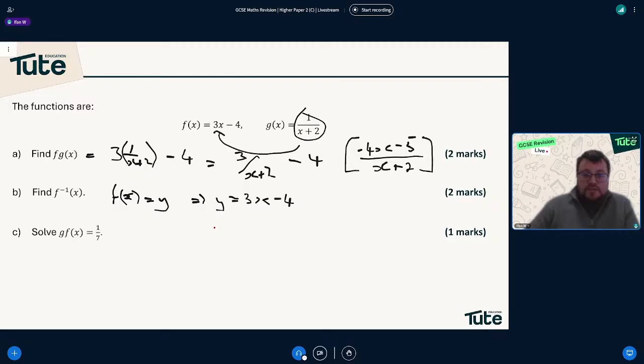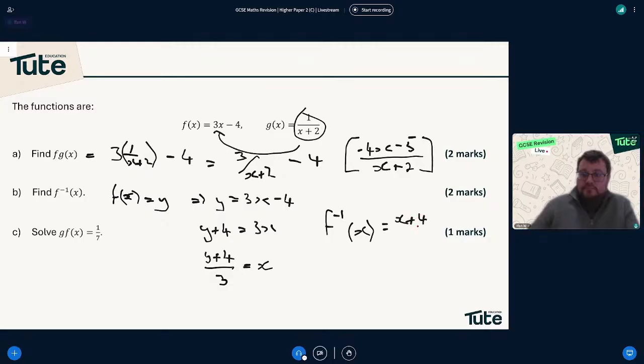So I'm going to start by y plus 4 is equal to 3x. And then y plus 4 all over 3 is equal to x. So the inverse function f of x would be, and instead of y, I'm going to call it x, that one.